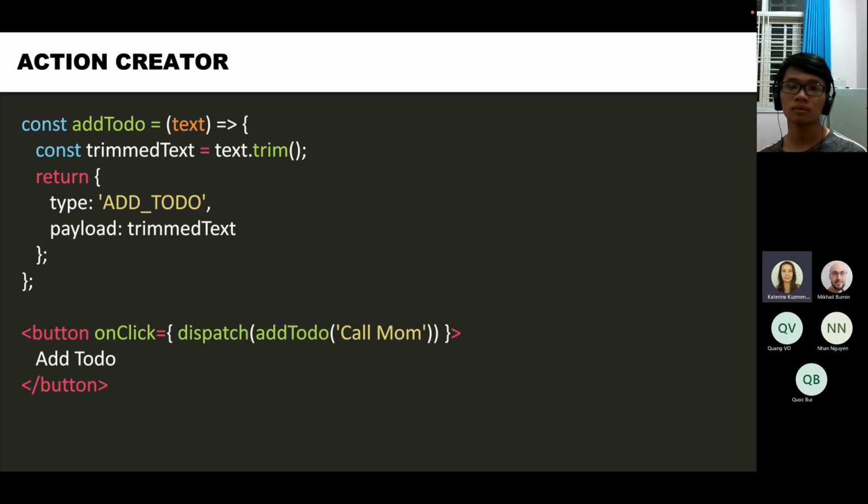This is an action creator. Here we have a button, and by clicking on this button we might add a to-do, right? We dispatch this. We have a function called addTodo.